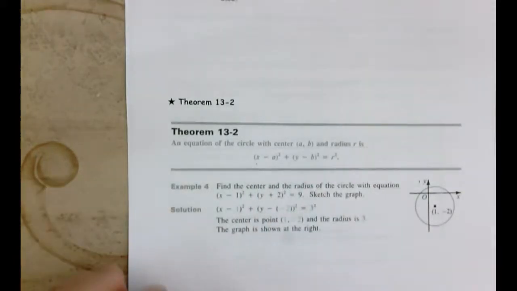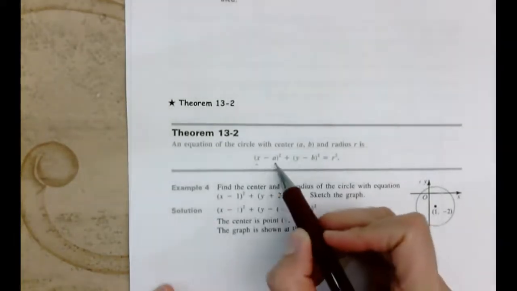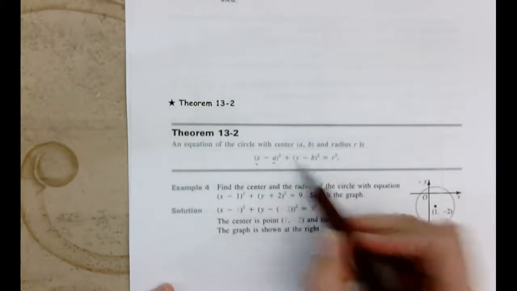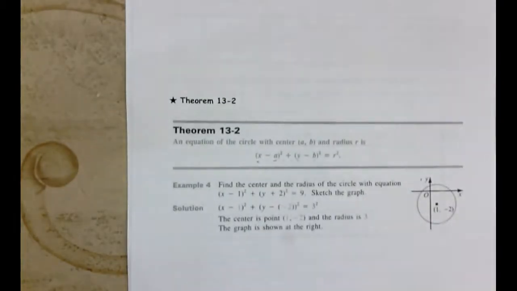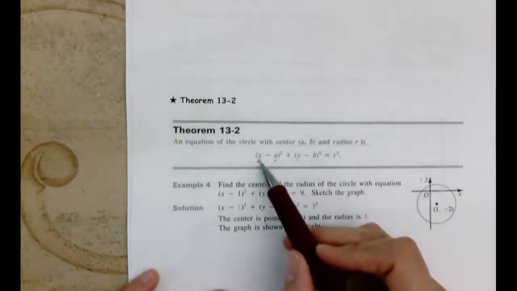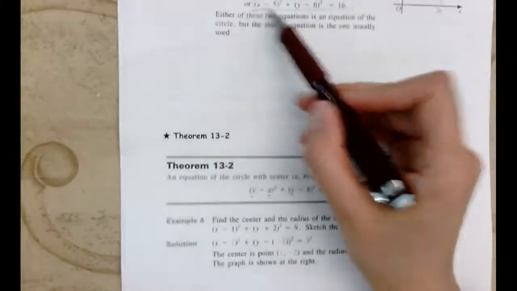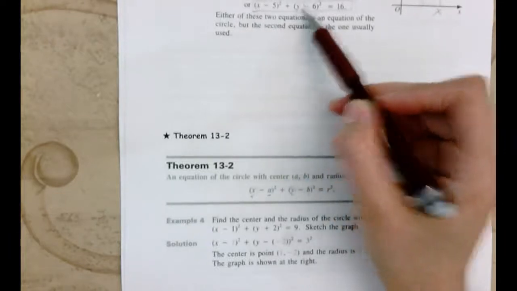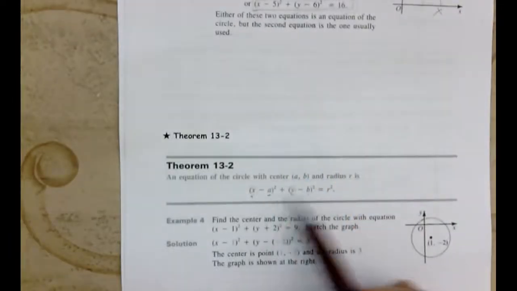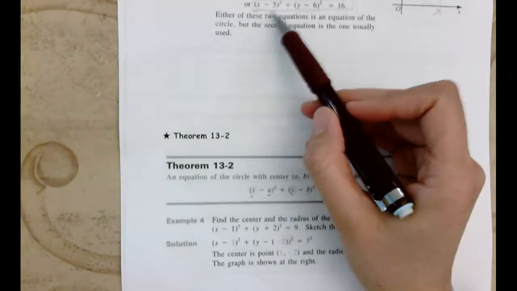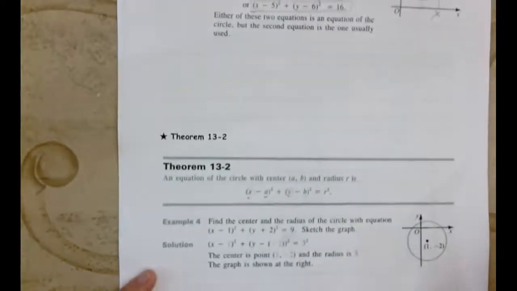Now, I noticed on the quiz that some people were confused about the difference between x and a. Because you haven't done algebra in a while, but you remember, x and y are variables, okay? So in the equation they have to stay as x and y. A and b are constants, meaning they represent some number that doesn't change.